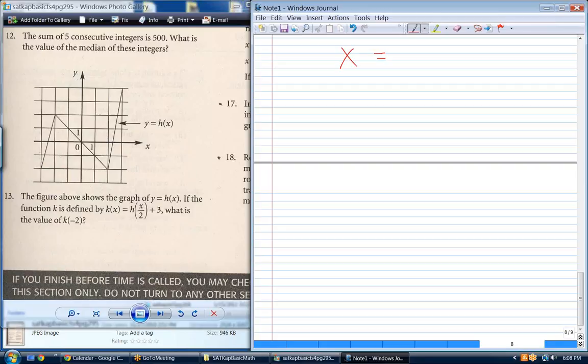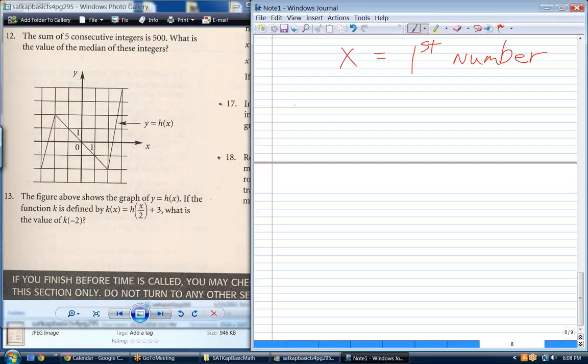The first number. Right. That's the easiest thing. Not 5 different numbers. That's why you do this, because once you write this out, now I can translate this sentence into an equation.